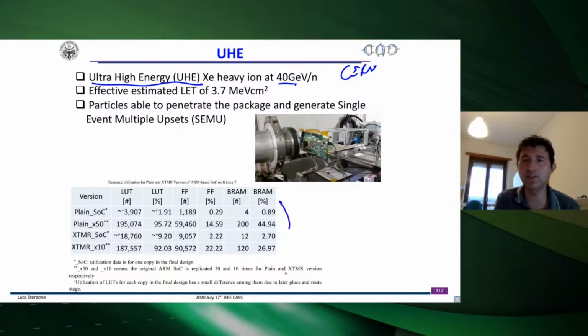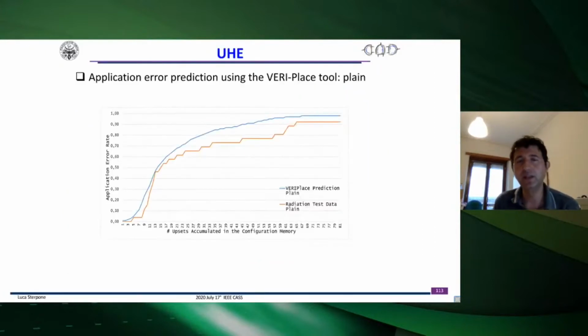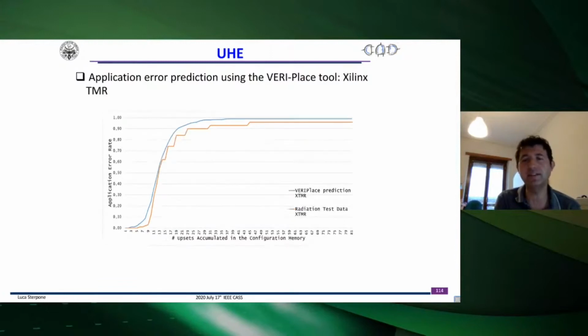And here there is a comparison of these techniques. And if you compare all of them, well, first of all, you can use the tool I mentioned before to predict. But rather than that, you are able to observe the error rate with respect to the particle flux that you adopt, so with high energy particles. The good point here is that the device, like this Kintex 7 family, which is commercial, survived the radiation particles at ultra-high energy.